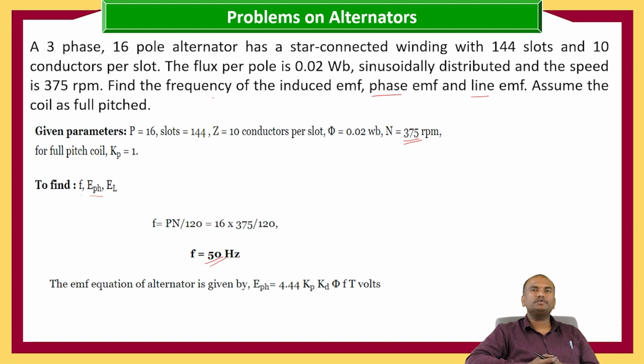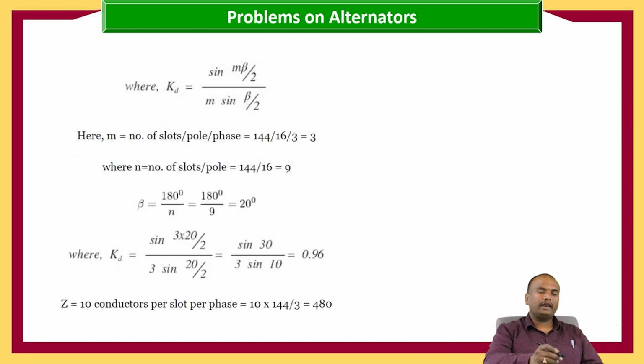Now we are going to substitute this frequency value into the EMF equation of alternator, where the EMF equation is 4.44 into Kp Kd phi f T volts. Where Kd is equal to sin(m beta by 2) by m sin(beta by 2). Here the m value is nothing but the number of slots per pole per phase.